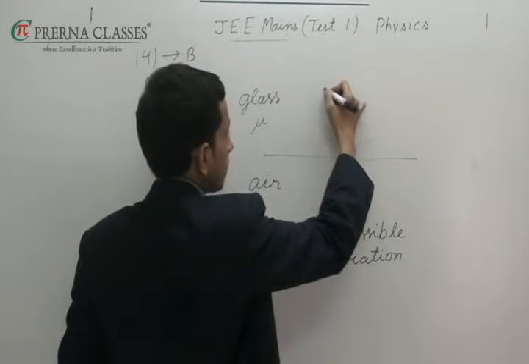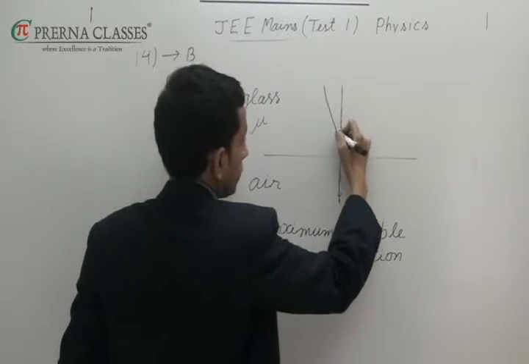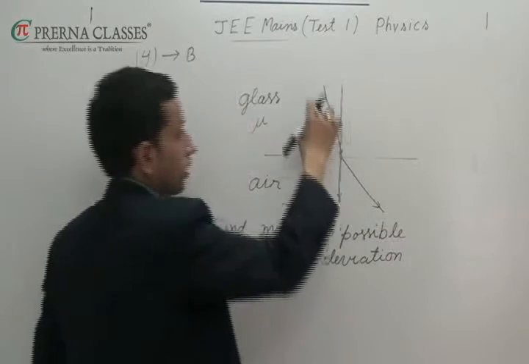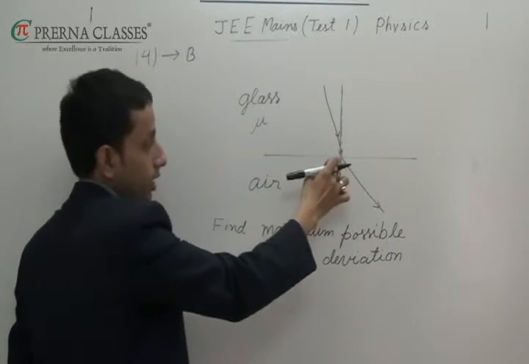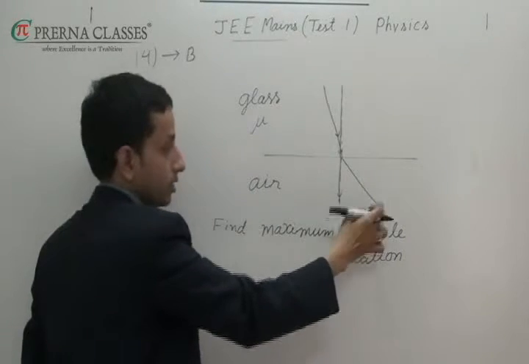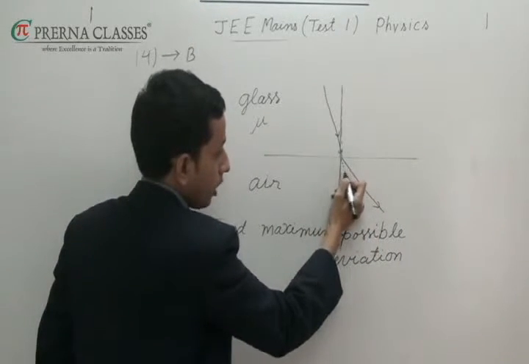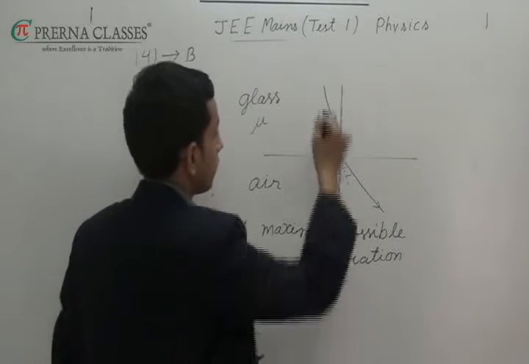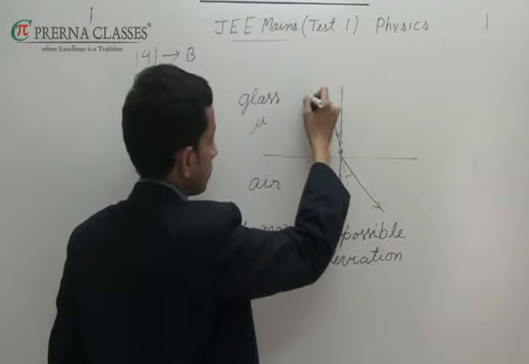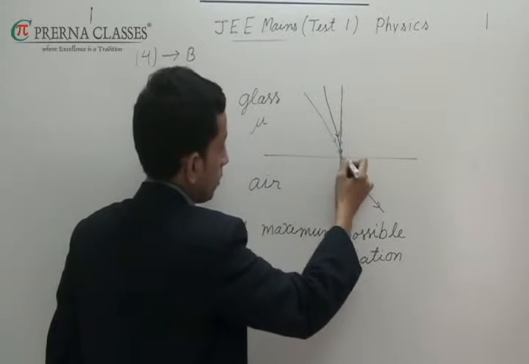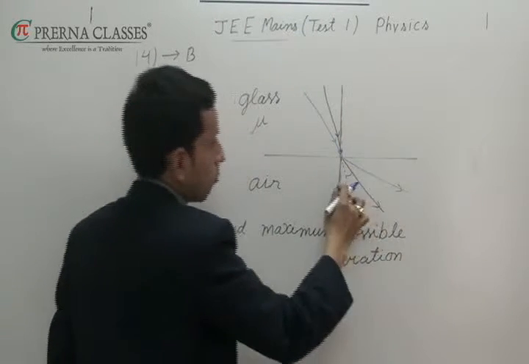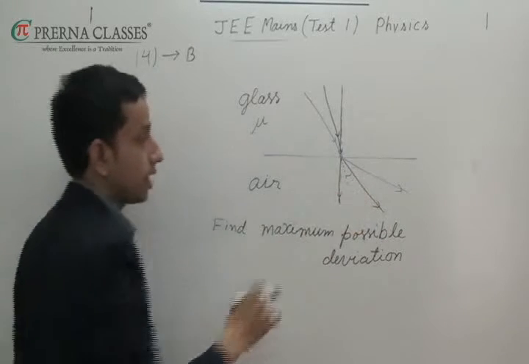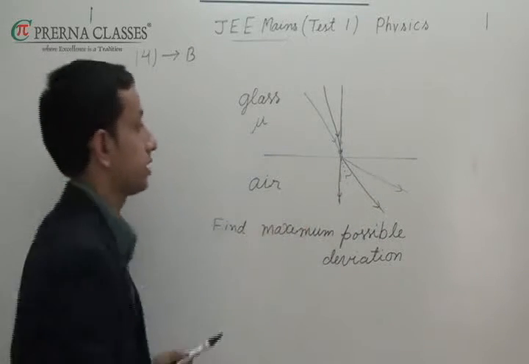Now if we increase this angle, we will have an incident ray like this and a refracted ray like this, so we will have a small angle of deviation. Now if we increase this angle further, we get more increase in the refracting angle, and hence the angle of deviation also increases.